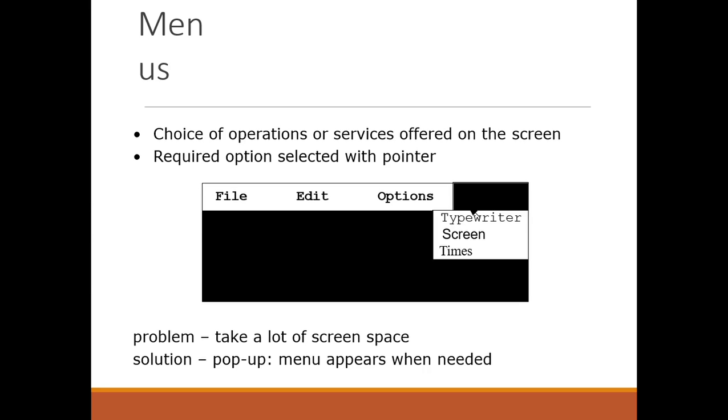Only options are there, but options are provided in various different forms. If there is a File, there are options like New, Save, Save As. They all come under the category of File. If there is Edit, then the options come under the category of Edit.